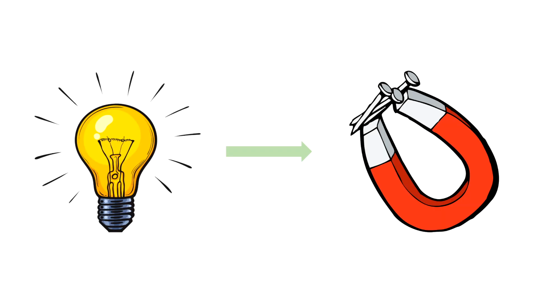So, we've already talked about one of the biggest discoveries, that electric currents can create magnetic fields. And once scientists had figured that out, they wondered if the opposite was also true. Could magnetic fields create or induce an electric current?